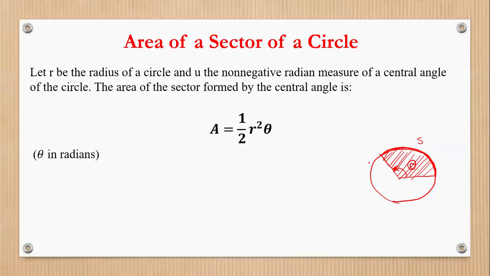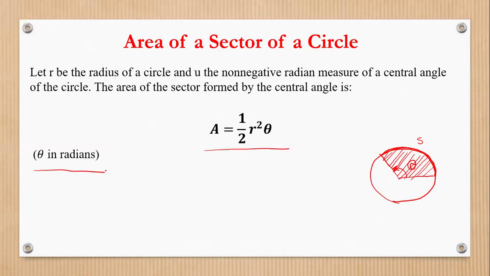The area of the sector in any circle, where the sector is formed by the central angle, comes by this formula. That means multiply 1/2 by r squared, which is the radius of the circle, and multiply by theta, which is the central angle. Again, don't forget that the angle in this case must be in radian. I'm not going to replace any degrees into this formula.